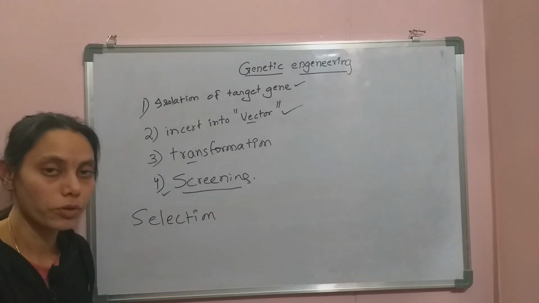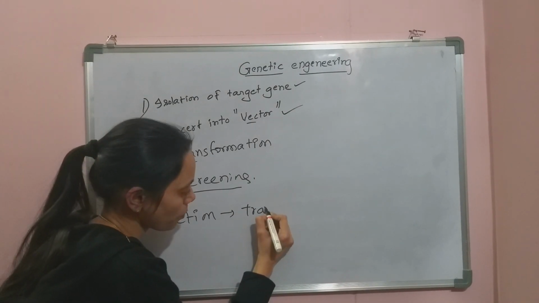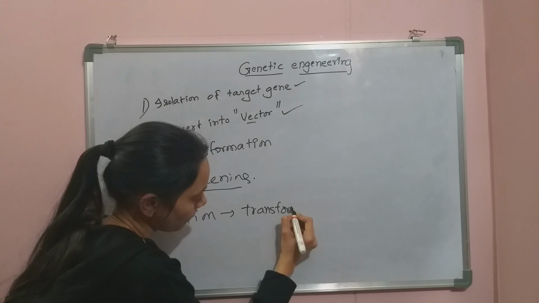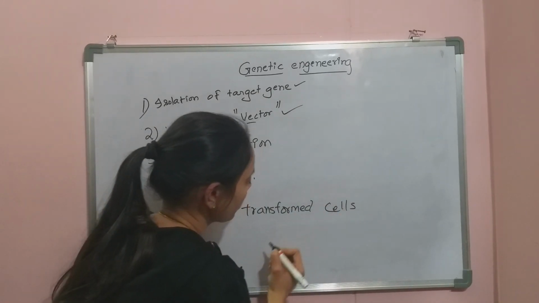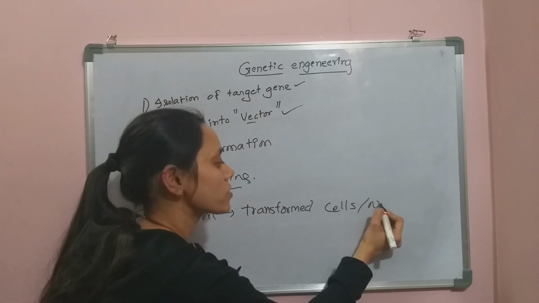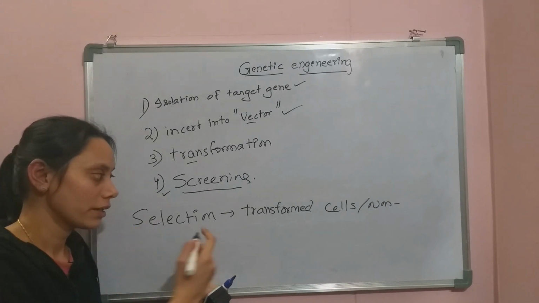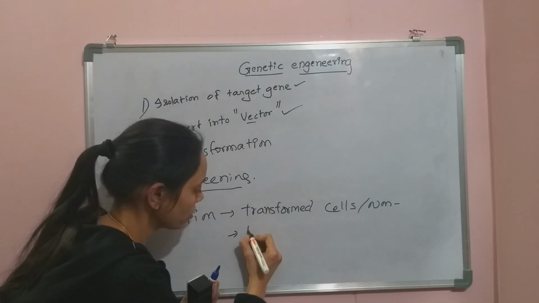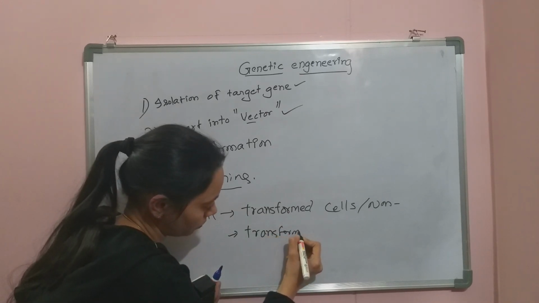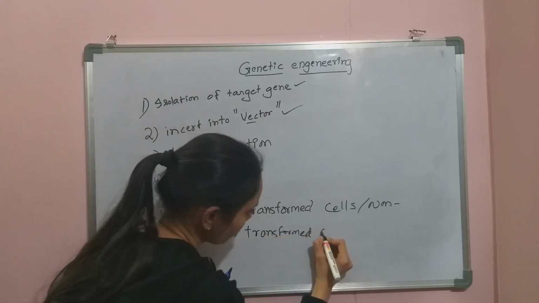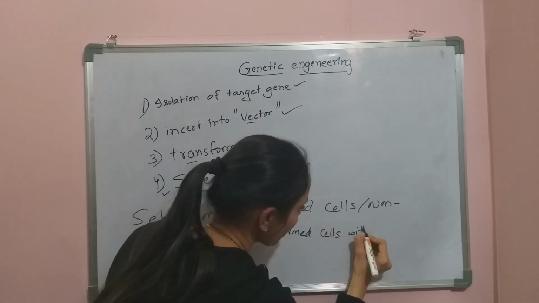In this selection process, first we need to select transformed cells against the non-transformed cells, and then we need to select the transformed cells with the recombinant vector, that is, cells with the target DNA in them.